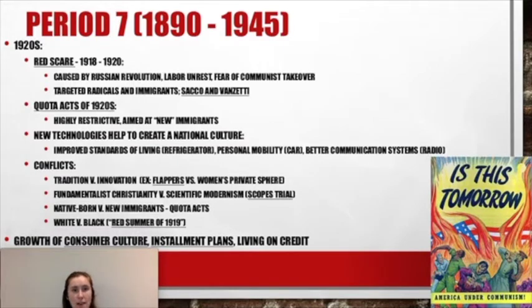You're also going to have a clash between the new immigrants and those native-born people who are holding on to that nativist ideology. You're also going to have a clash here between the KKK and groups that want to oppress African Americans, and African Americans. A good example of this is going to be the Red Summer of 1919. You guys know that African Americans through the Great Migration were really migrating at this time to try to find a better life for themselves.